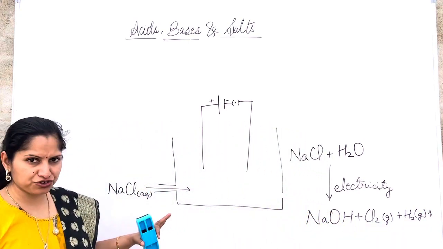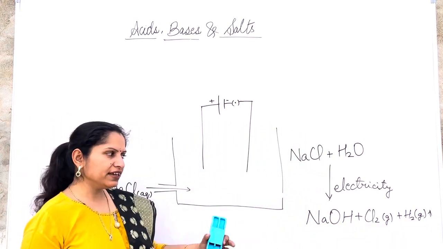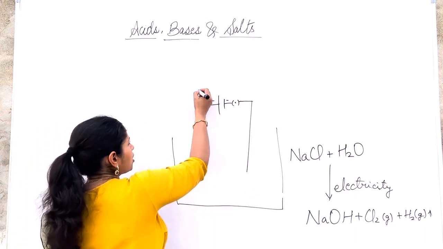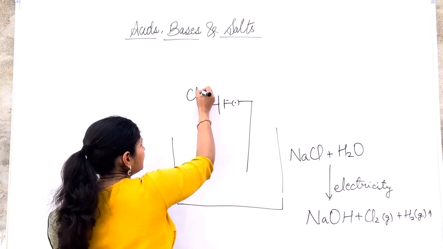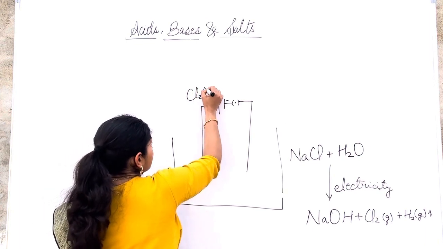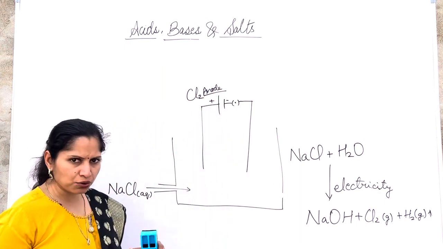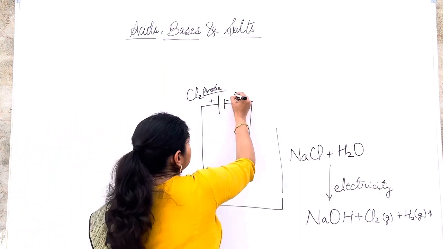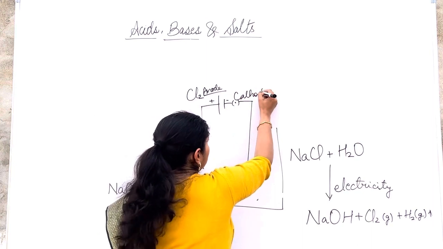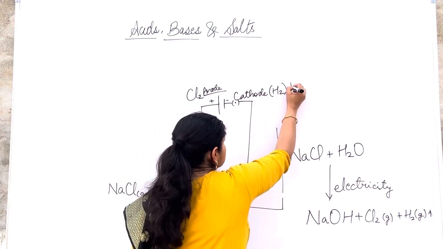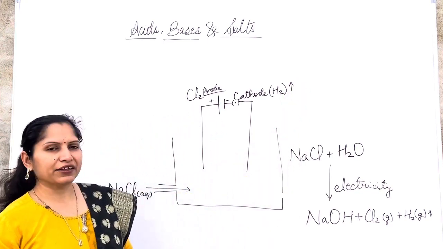Both these being gases, they will escape out. Chlorine will escape at the anode, and the cathode is negatively charged, so we will find hydrogen gas escaping out near the cathode.